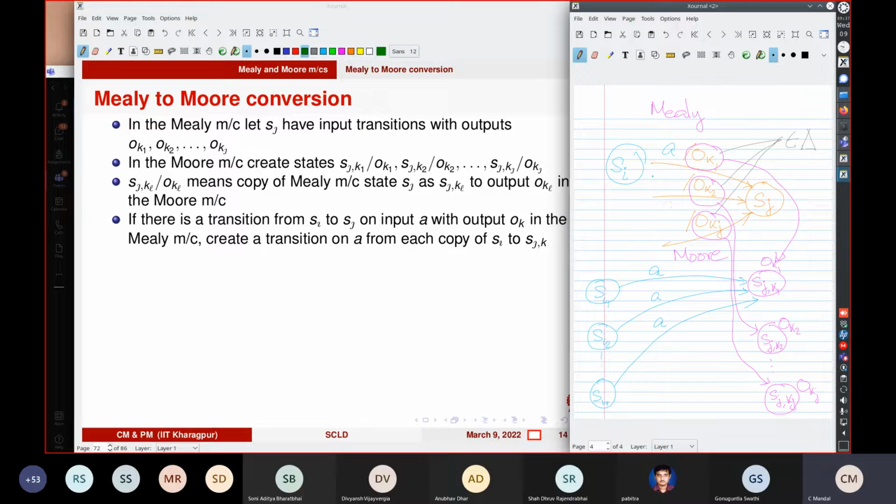Now suppose there is a state I'm just calling P. So on B, if it moves here, then let us say P1, P2, and so on.